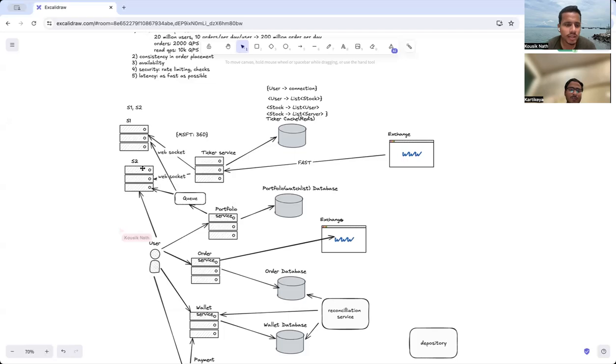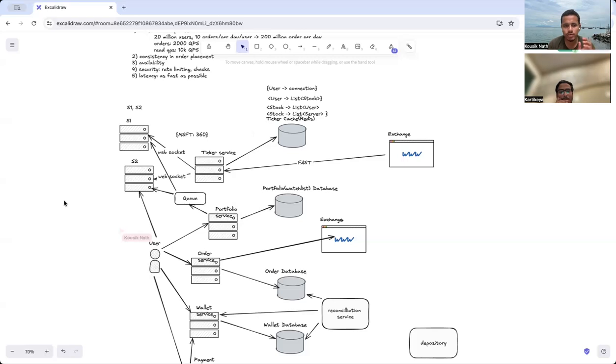I think let's be very specific about the role of S1 and S2. To me, it's simpler to manage this system if S1 and S2 only stream ticker data to the user over a single-way connection.